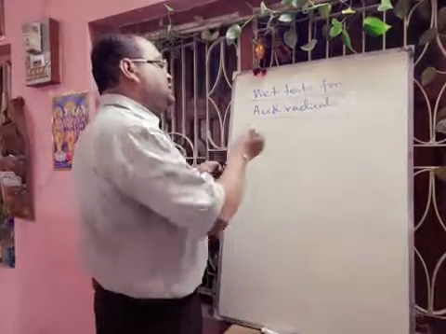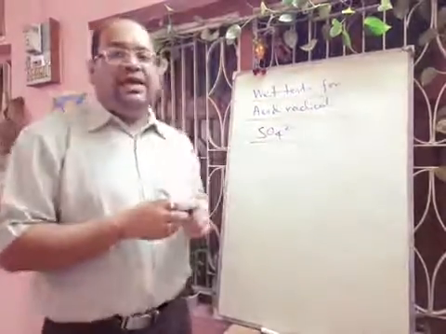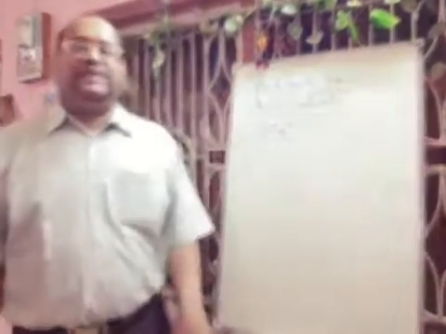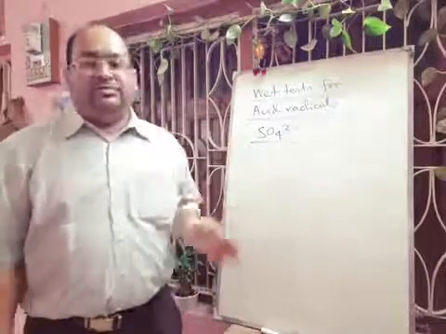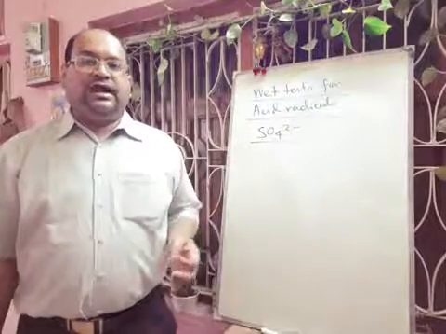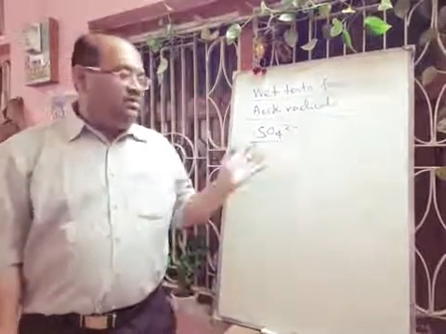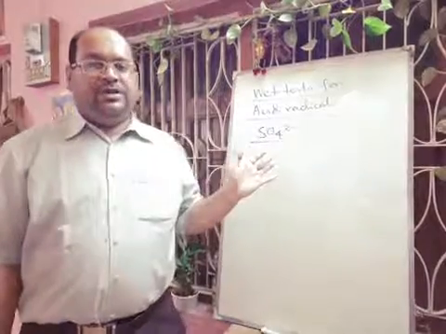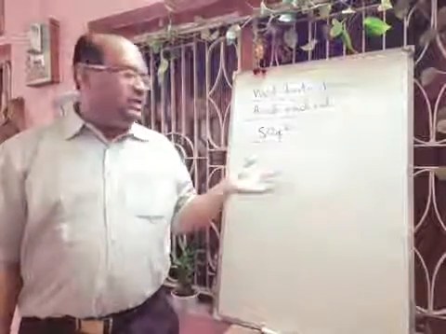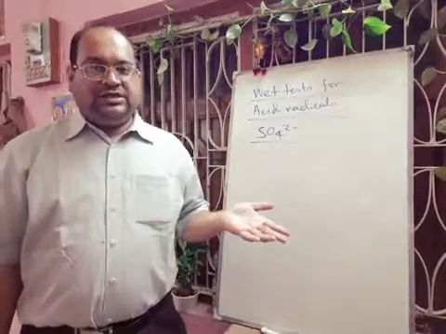Next we will discuss the sulfate radical, SO4 2-. Here also we perform the barium chloride test. To one part of the sodium carbonate extract, we add dilute HCl, and then we add barium chloride solution.